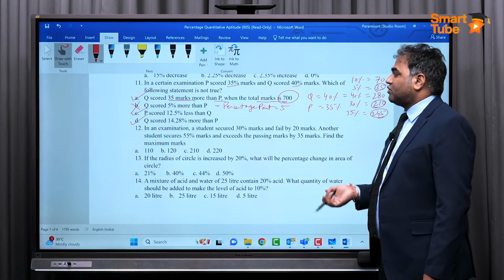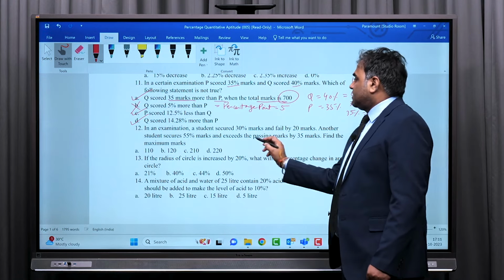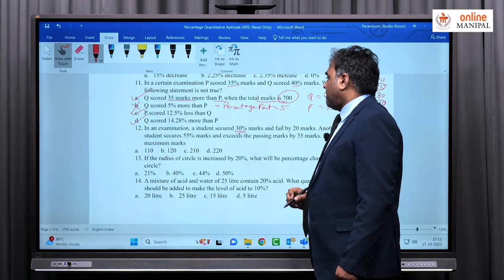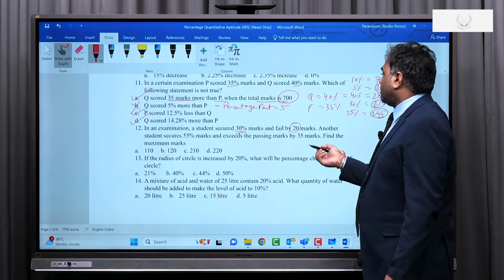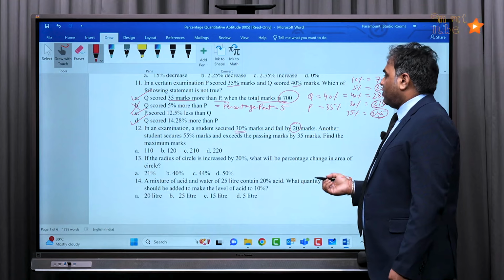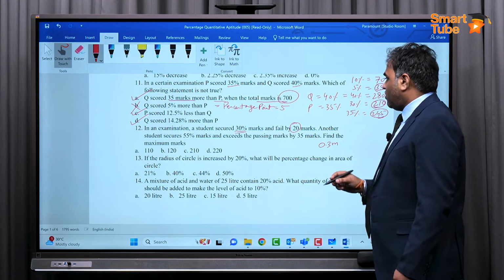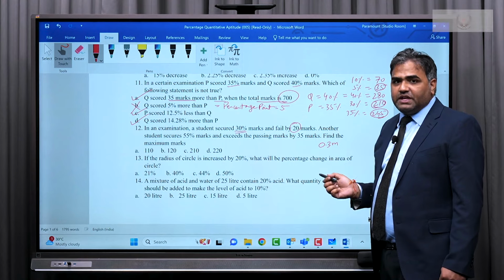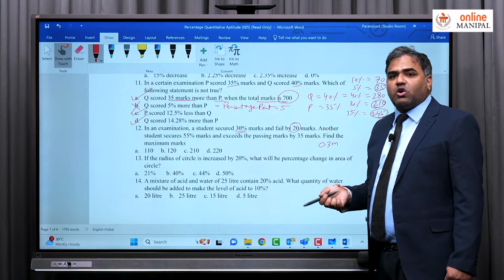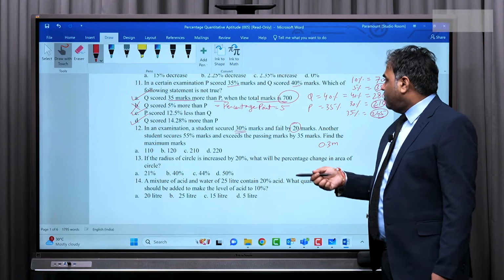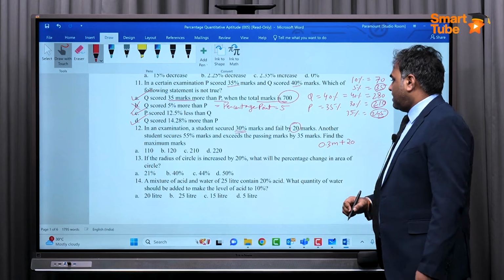Now we'll discuss question number 12. In an examination, a student secured 30% marks and he failed by 20 marks. Assume the total marks is M. You got 30% marks, which means 0.3 M, and you failed by 20 marks, so if you add 20 here, you will pass.